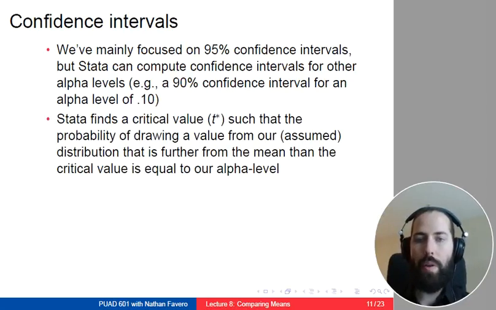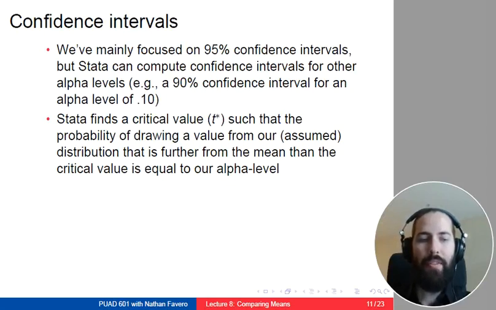The way that Stata is going to do this in the background is that it's going to find what's called a critical value using, for example, the t-distribution. And whatever distribution it's using, often the t-distribution, which is the example we're going to see, it's picking that value to multiply the standard error by, such that the probability of drawing a value from the distribution we've assumed that is further from the mean than the critical value is equal to our alpha level.